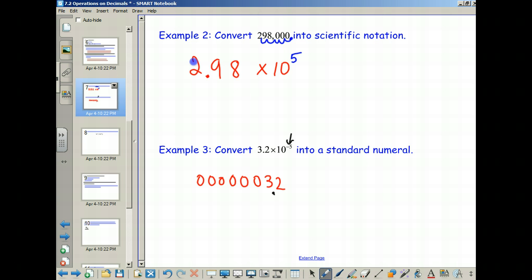I need to move it 5. And I'm moving it left because that's how my number looks smaller. So I'm going to move this decimal point 5 to the left. So this is 1, 2, 3, 4, and 5. So my decimal point followed by 4 zeros and then a 3, 2. And that is the standard notation for that particular scientific expression.